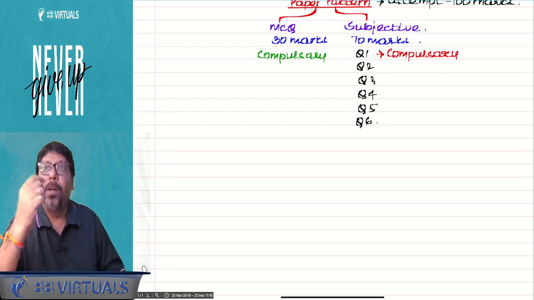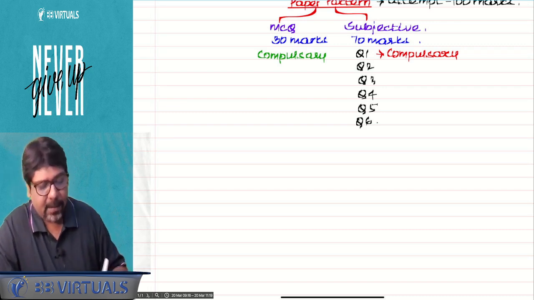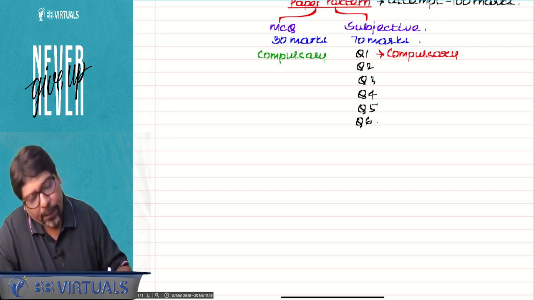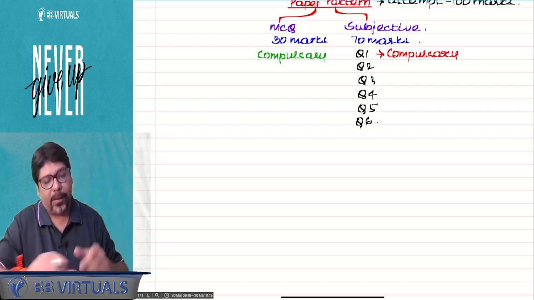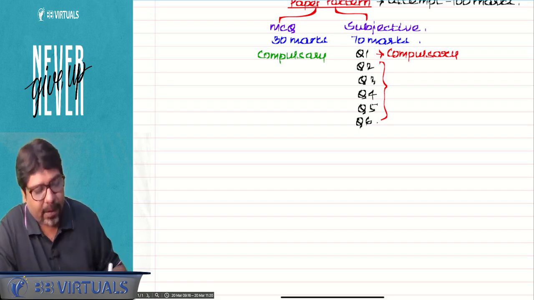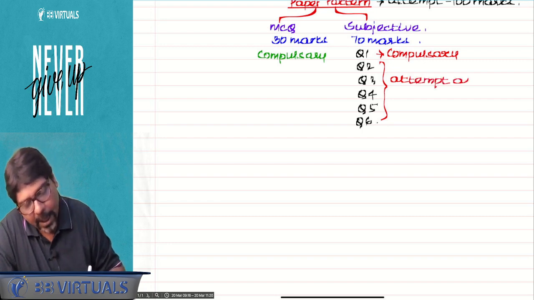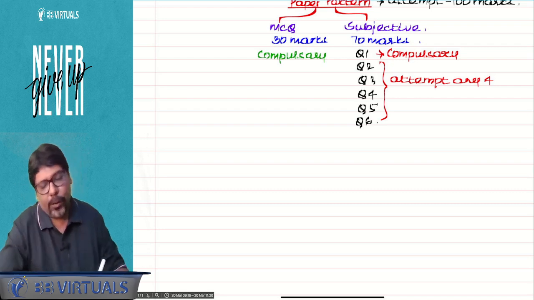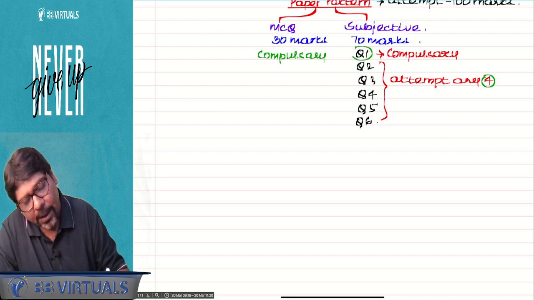Understood? Remaining 2, 3, 4, 5, 6. How many? 5. Out of this 5, you are supposed to attempt any 4.